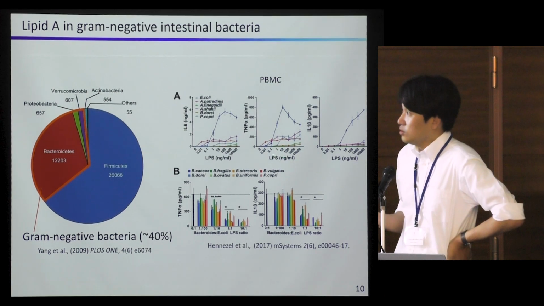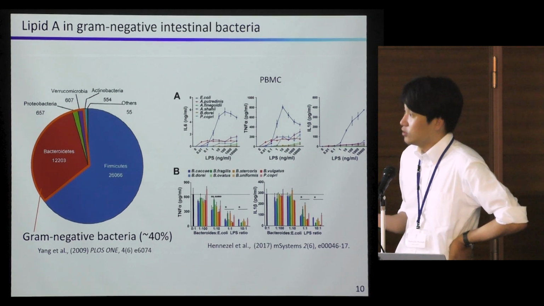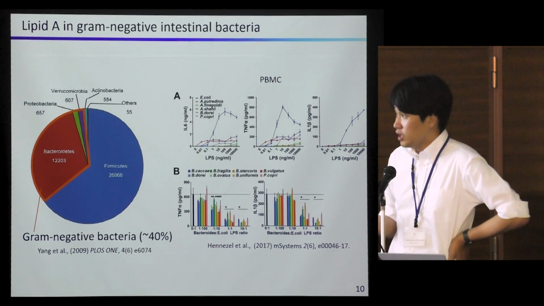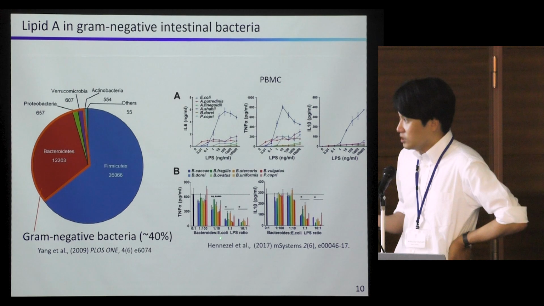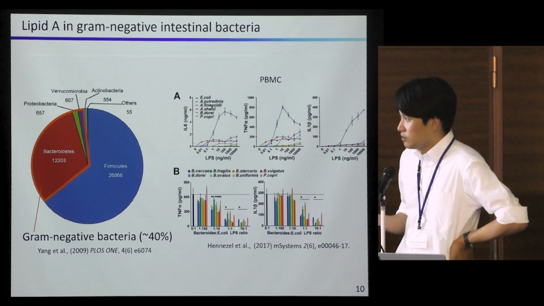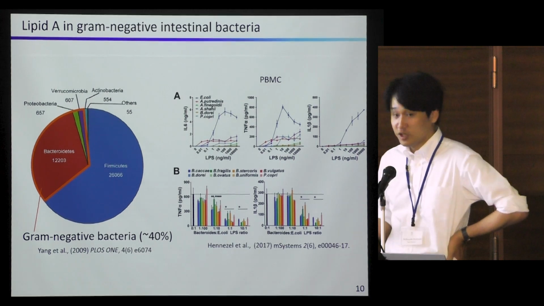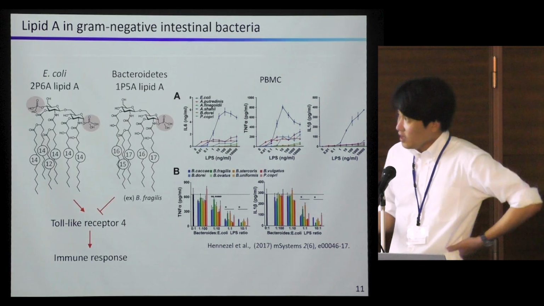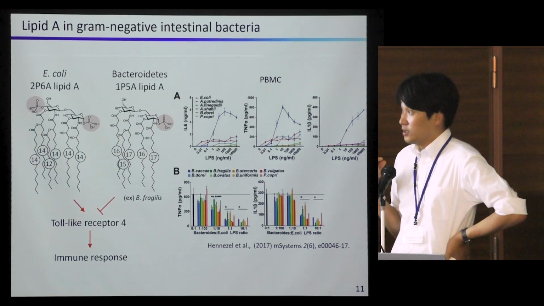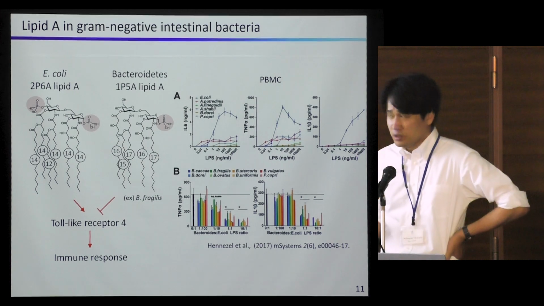And also, Bacteroides-derived LPS inhibits the E. coli-derived LPS signal, because as the mixing ratio of Bacteroides to E. coli LPS decreases, the inflammatory cytokine expression increases.